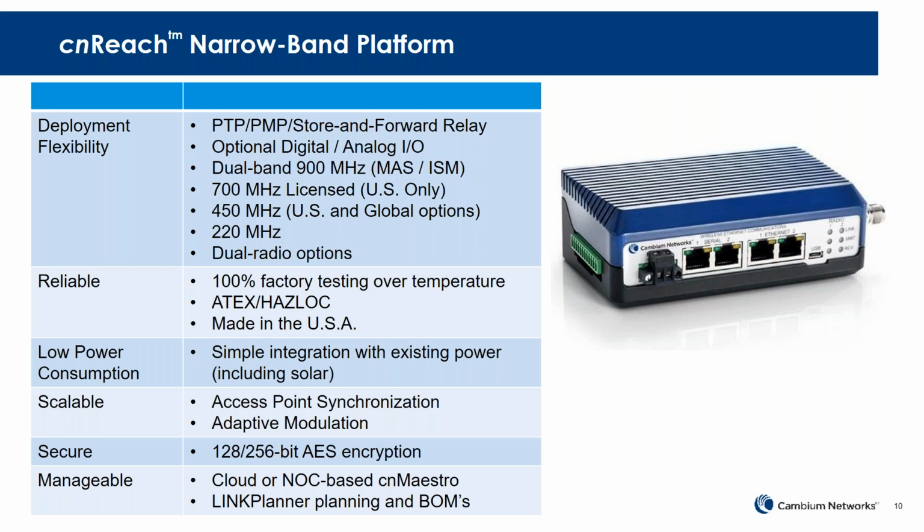And cnReach is no different. So you can do frequency reuse with licensed band channels, and you can do adaptive modulation to get the most efficient use of the spectrum. So much like all the other products in the Cambium portfolio, spectral efficiency is a key attribute of cnReach.